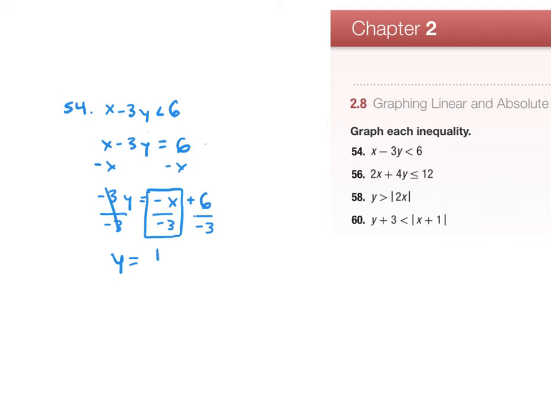So we can say 1 over 3x. We could write this as x over 3 or just leave it as 1/3 x. This way we can see what our slope is easier. So 1/3 x. And then what is 6 divided by negative 3? Negative 2. That 3 is negative, so our answer is negative 2.